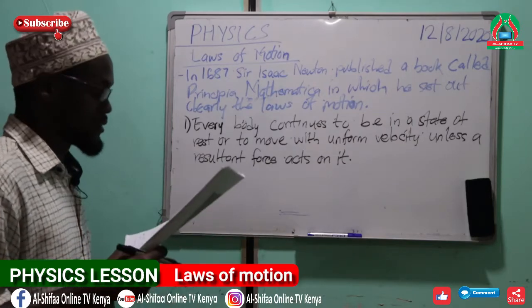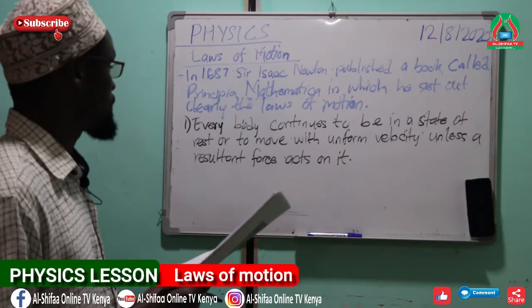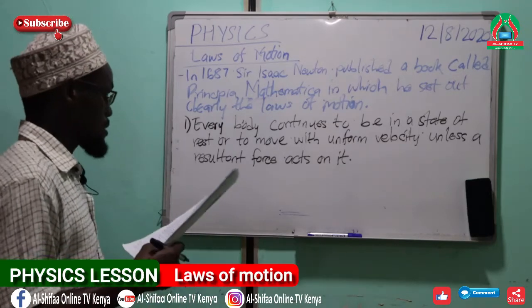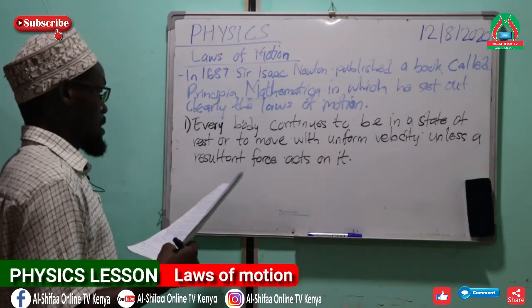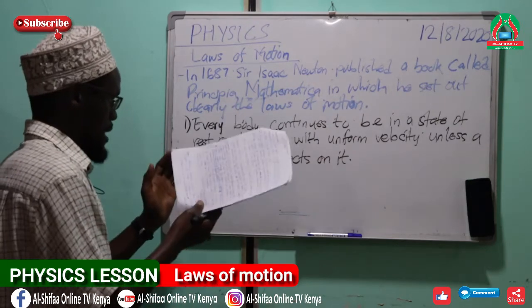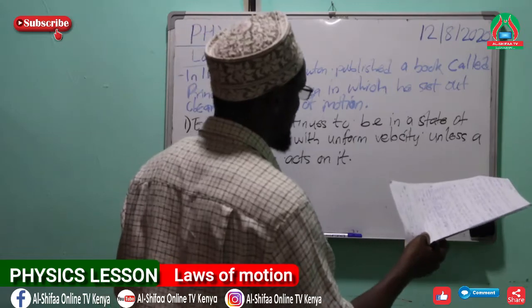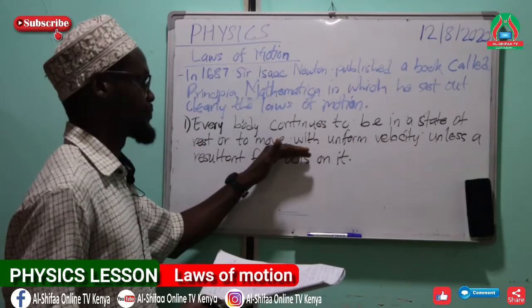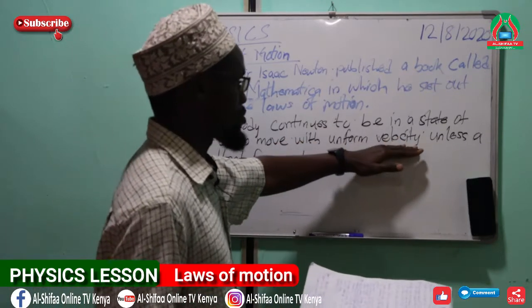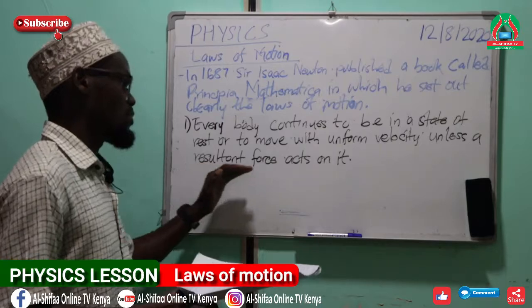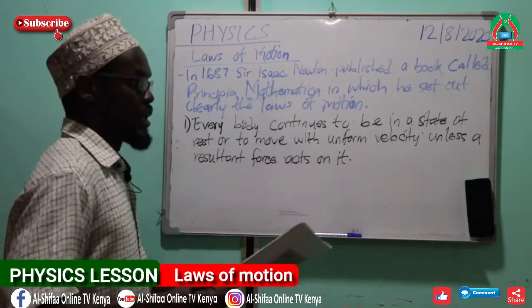So the first law of motion, or the first Newton law of motion, says that a body continues to be in a state of rest or to move with uniform velocity unless a resultant force acts on it.